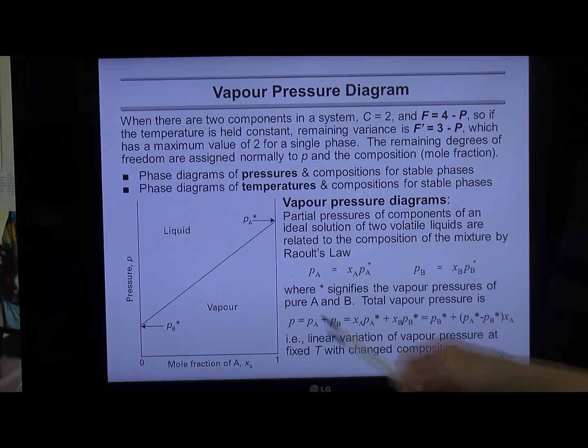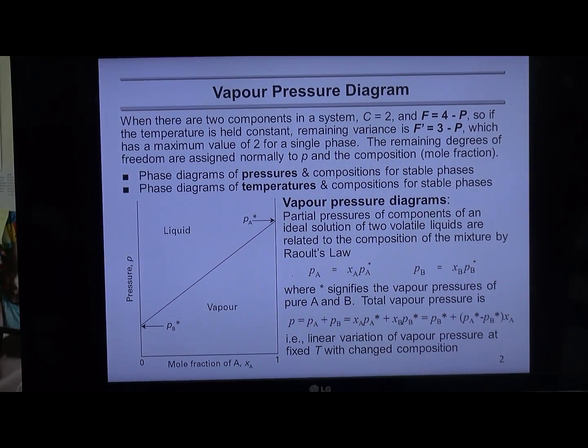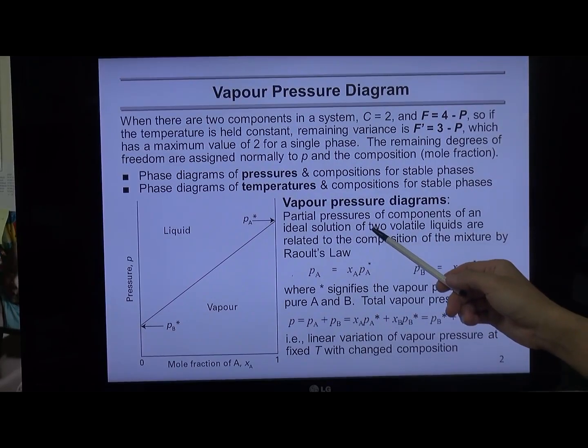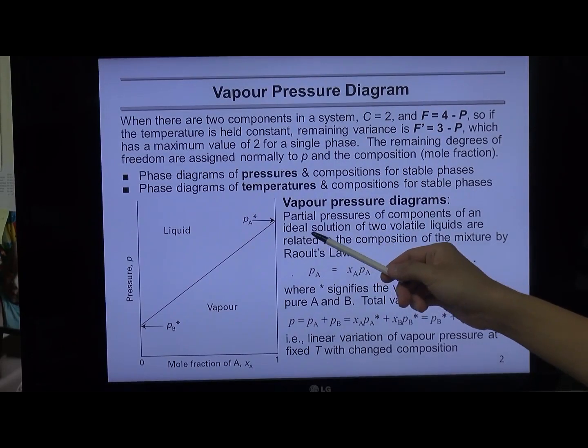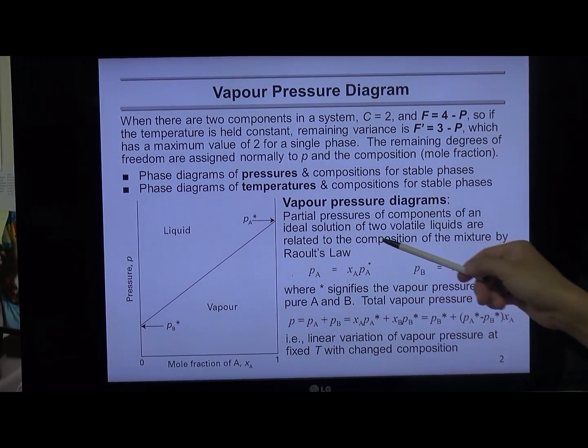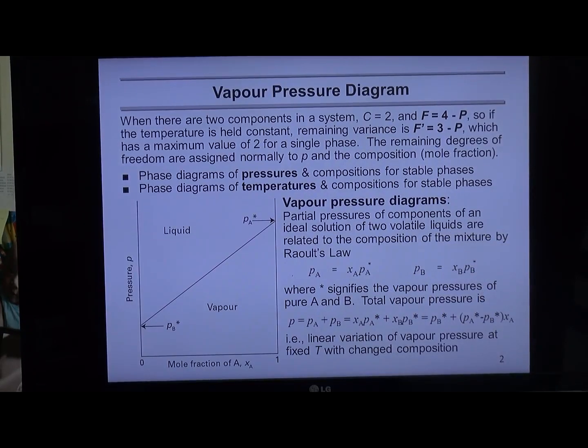Alright, so there's a diagram here, which is called vapor pressure diagrams. We don't know why yet. Let's assume that we have a simple binary mixture, and those mixture form an ideal solution comprising two volatile liquids.